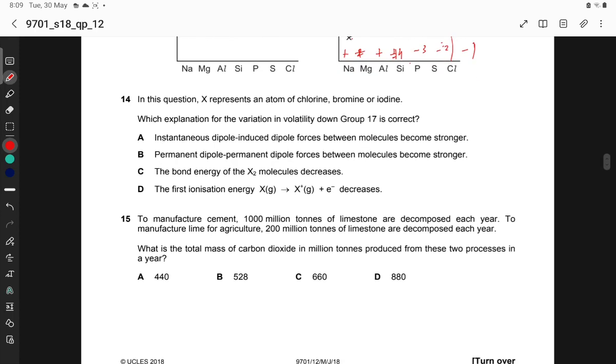Question number 14. In this question, X represents an atom of chlorine, bromine, and iodine. Which explanation for the variation in volatility down group 17 is correct? We know that in group 17 the elements change from gas to solid, because we have three states of matter in this group.